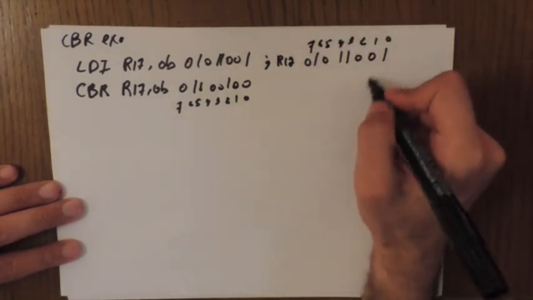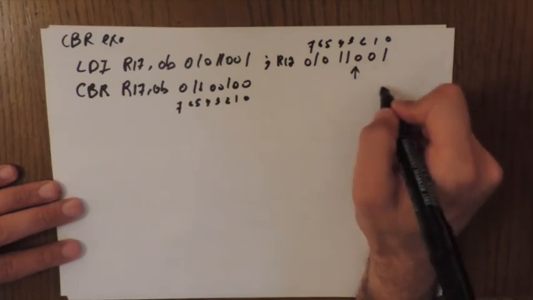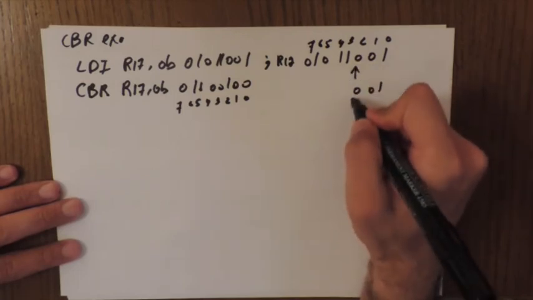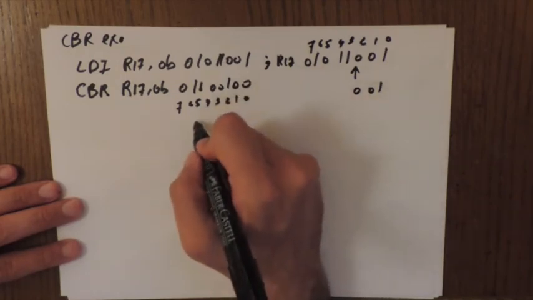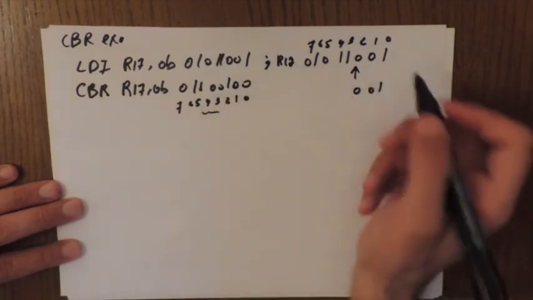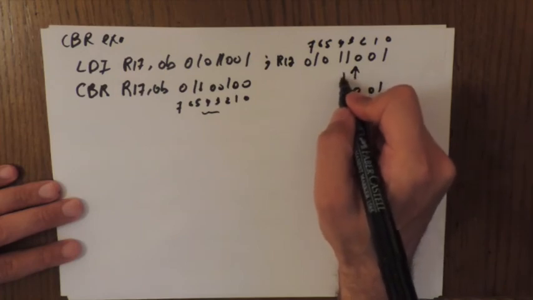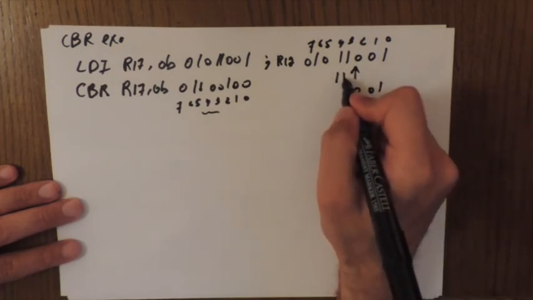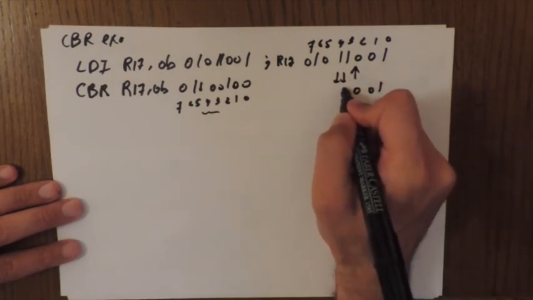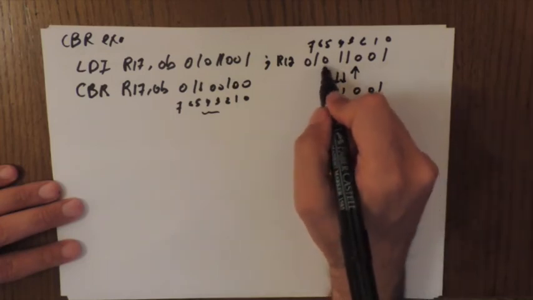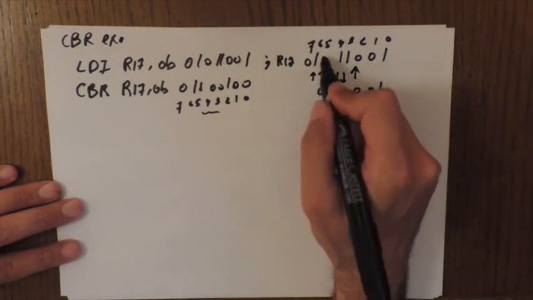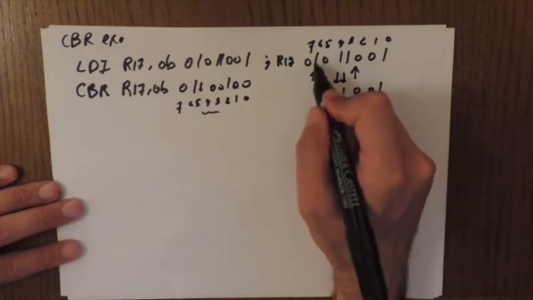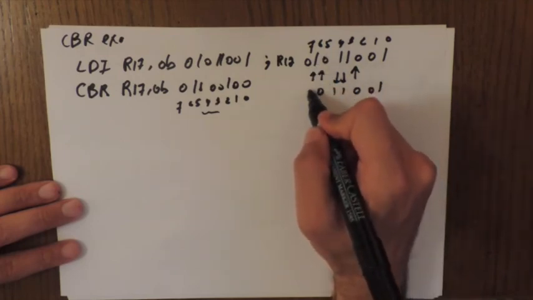Now I need to clear bit 2. It stays cleared because it's already cleared. Now I look at 3 and 4, they are the same, so I leave them as they are. Now I need to clear 5 and 6. So this will stay cleared, and this will also be cleared.